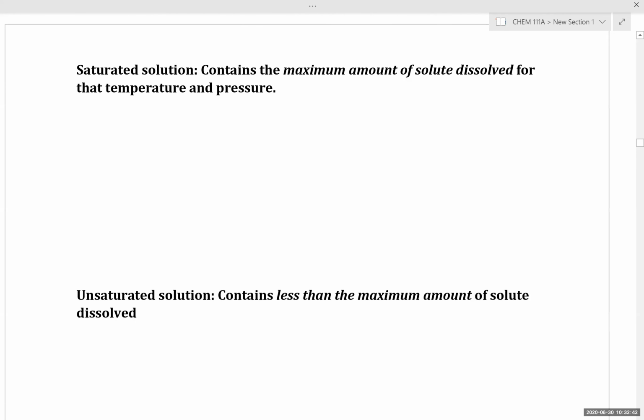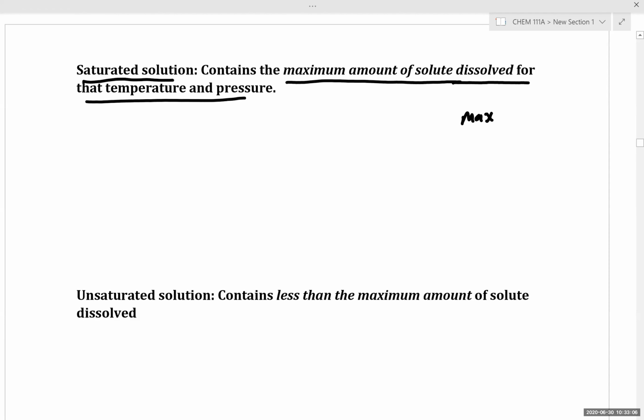Now, there are special terms related to solubility, and we designate solutions as either saturated, unsaturated, or supersaturated. So in a saturated solution, we have the maximum amount of solute dissolved for that temperature and pressure.